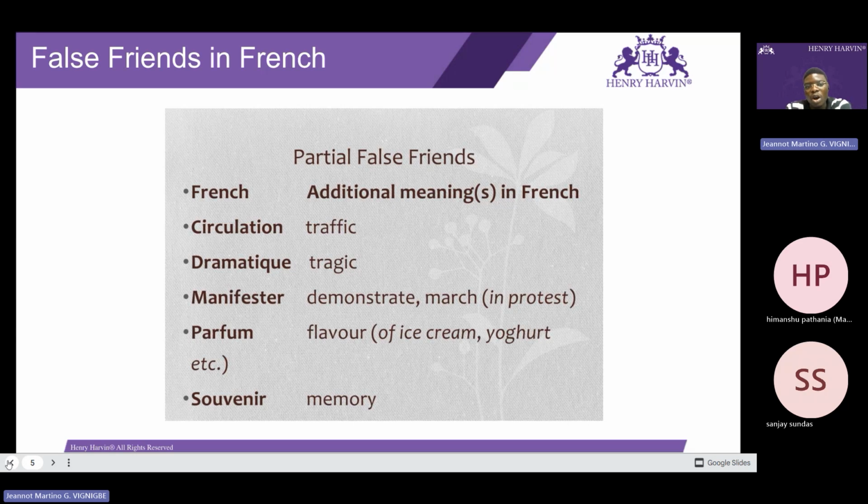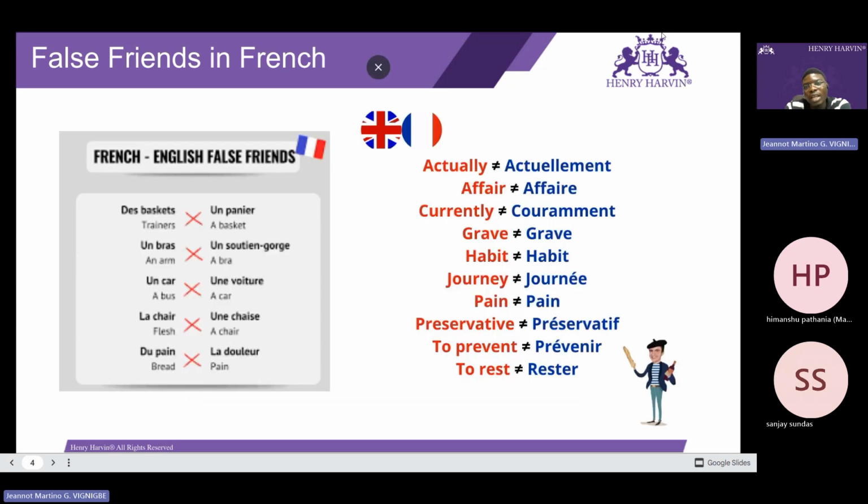When you come across that word and read it, it seems to mean something in French which is not the same. So you have to be careful. Here we have a list on the screen, and when you see actually, you basically think it means actuellement, which is not the case.